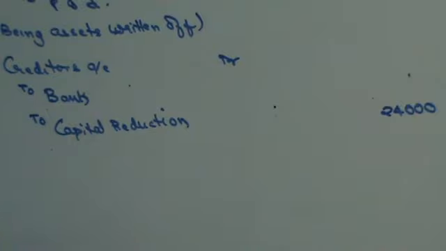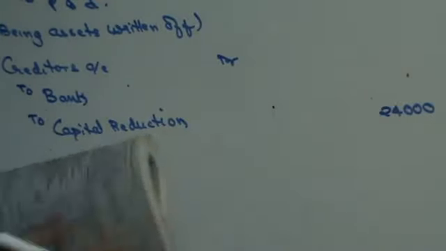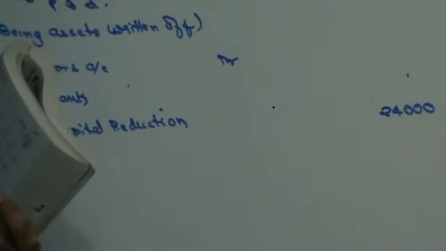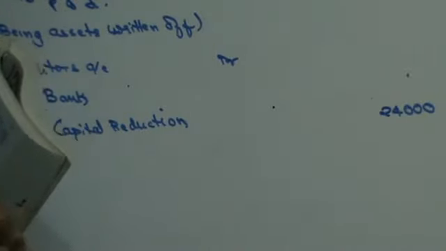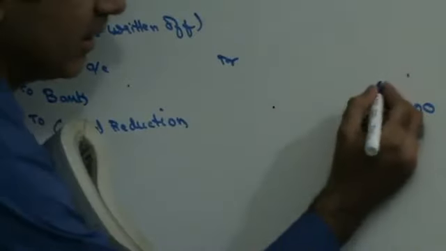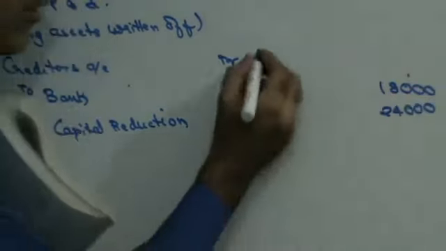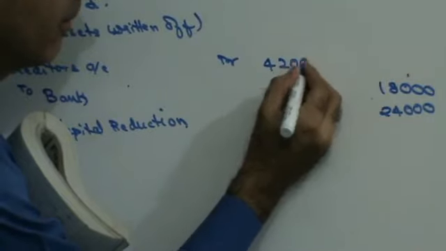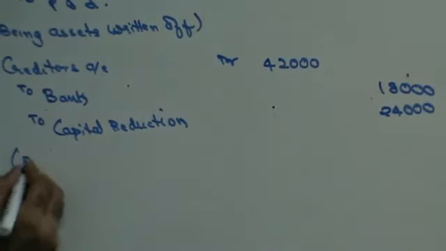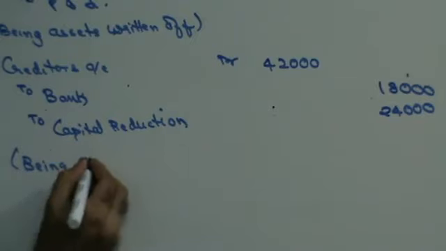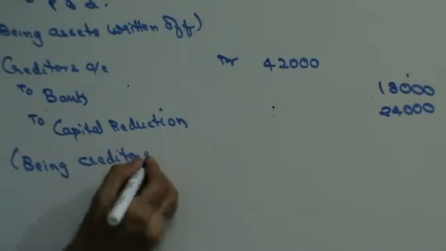So how much is remaining now? 72,000. 25% of 72,000 is 18,000. So 25% of the net liability after remission is 18,000. How much is this? 24,000 plus 18,000, 42,000. Being creditors paid.